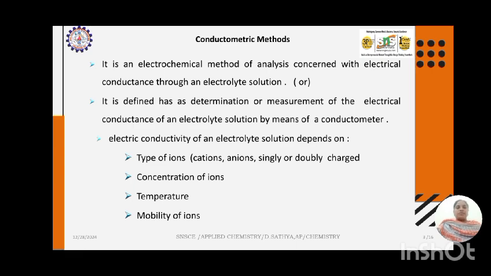The electric conductivity of an electrolytic solution depends on the type of ions, which are cations, anions, or singly or doubly charged anions, the concentration of the ions, temperature, and mobility of ions.